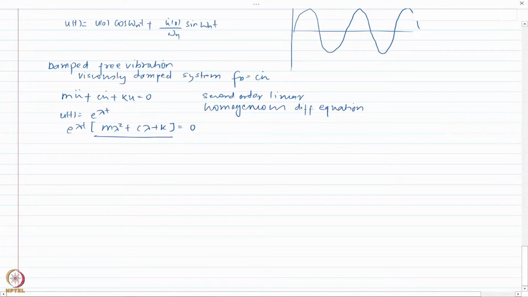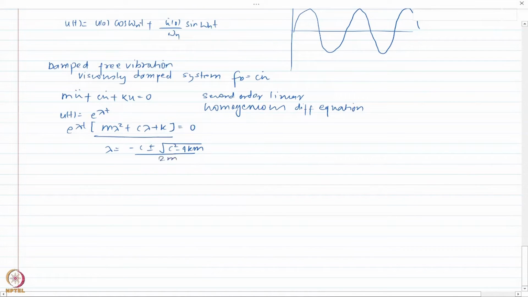And from your previous knowledge, the solution to this equation can be written as lambda equal to minus c plus minus square root of c square minus 4 k m, divided by 2m. Okay, so the denominator is 2m.